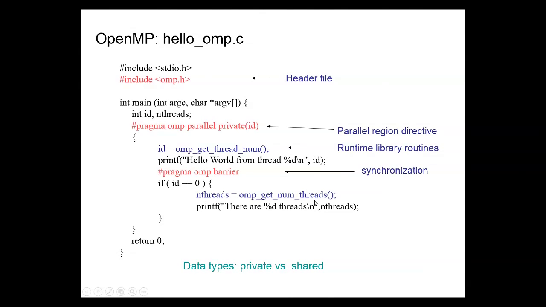We'll know how many threads I'm using to run this part in parallel, and then you can print that out. So this is the simplest code, and it basically gives you an idea of what is actually needed for a simple OpenMP program. You basically add some OpenMP parts on top of your sequential code, right?